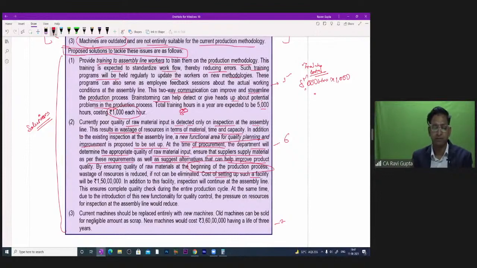Cost of setting up such a facility will be 1 crore 50 lakh rupees. In addition to this facility, inspection will continue at the assembly line. This ensures complete quality checks during the entire production cycle. At the same time, due to the introduction of these new functionalities for quality control, the pressure on resources for inspection at the assembly line would reduce.